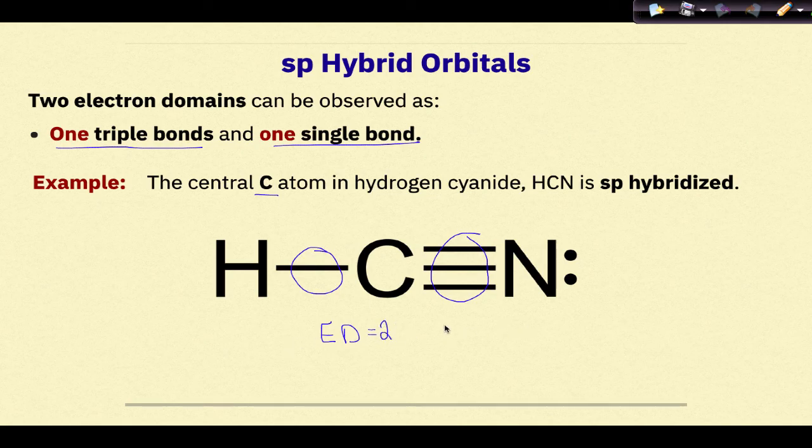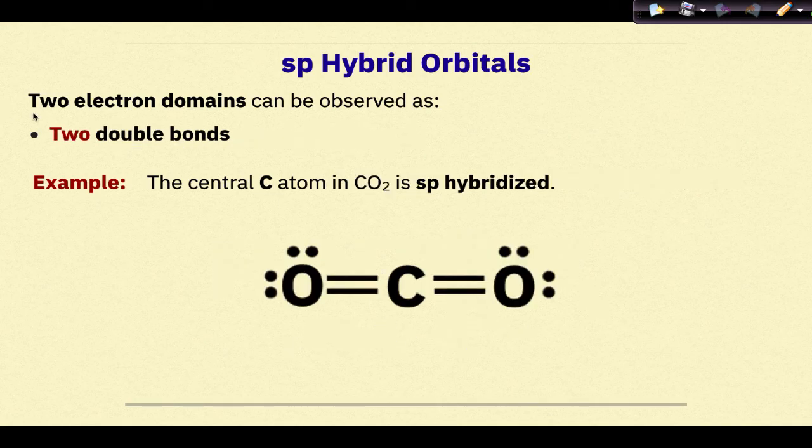Think 2 letters, sp. 2 electron domains can be observed as 2 double bonds. So another example, the central carbon atom in carbon dioxide is sp hybridized. One electron domain here, another electron domain right there. So electron domains equal 2. You think 2 letters, sp.